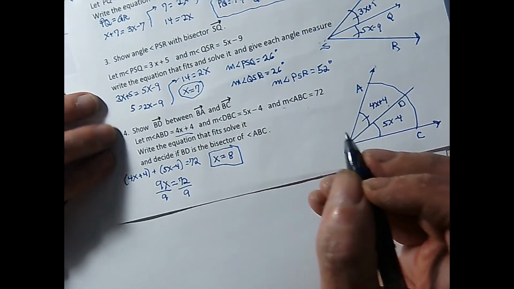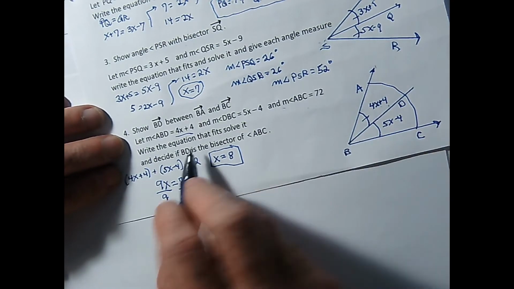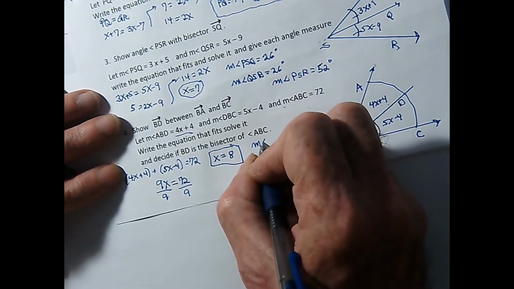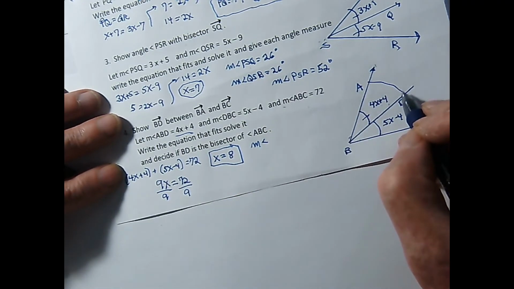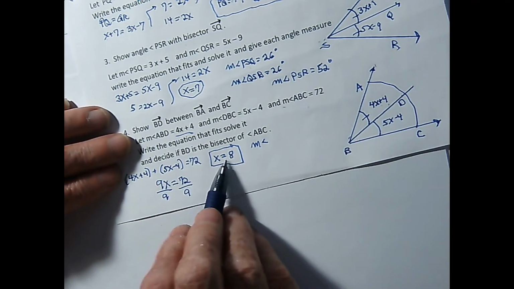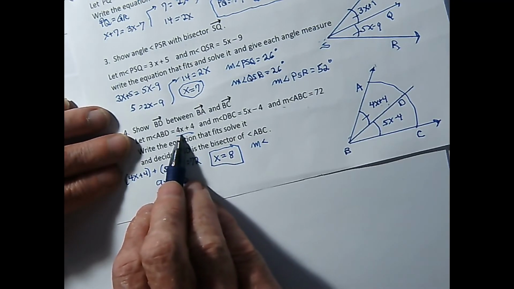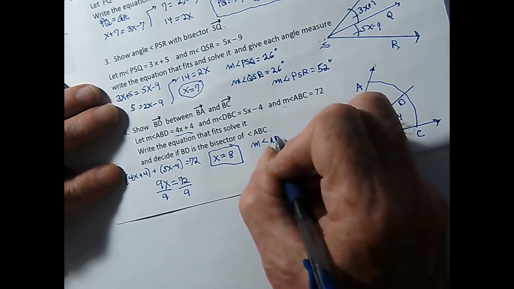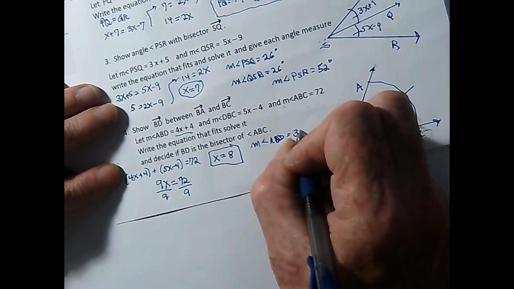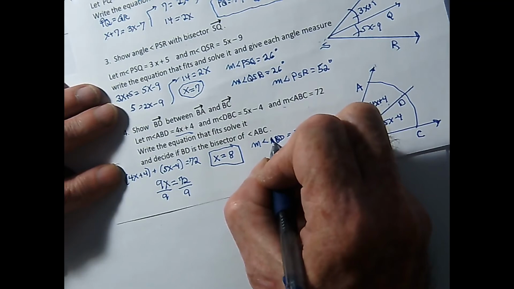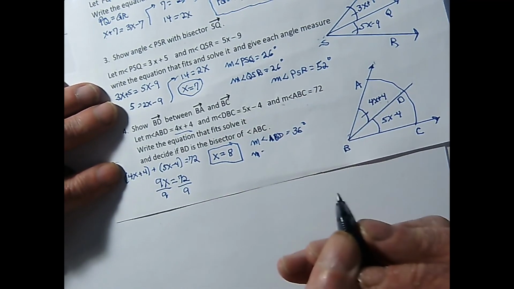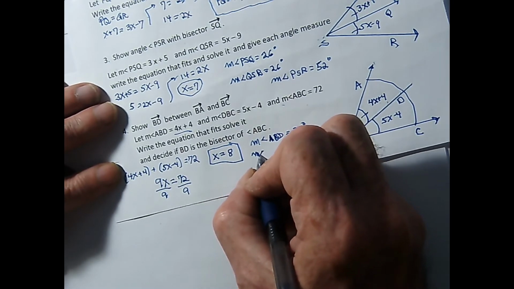Now I've got to find the measures of those angles. Decide if BD is the bisector of angle ABC. I'll go with the measure of angle ABD. Since x is 8, 4 times 8 is 32, plus 4 would be 36 degrees. The measure of angle ABD ought to be 36 degrees. And then the measure of the, is it the full angle DBC? No, the other small angle, angle DBC.